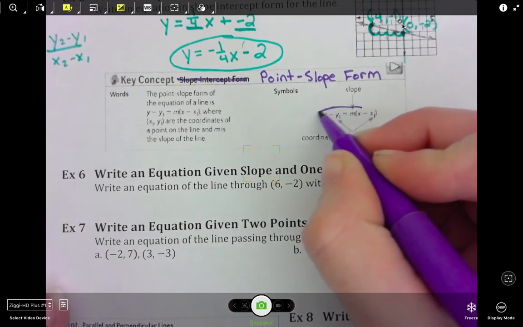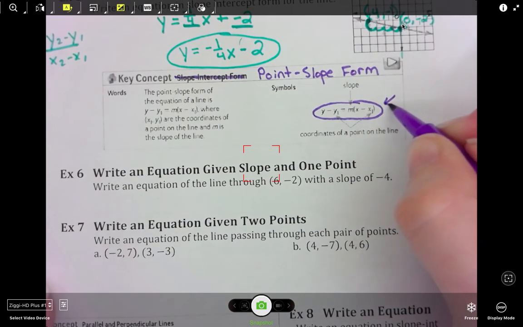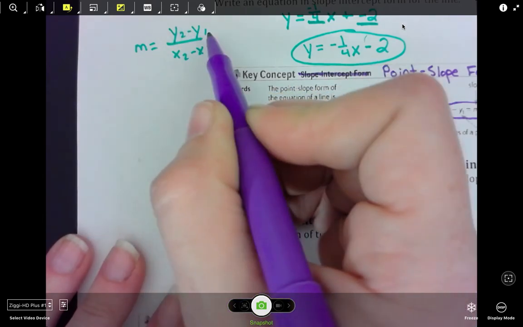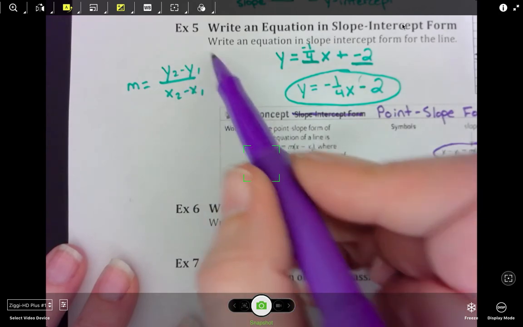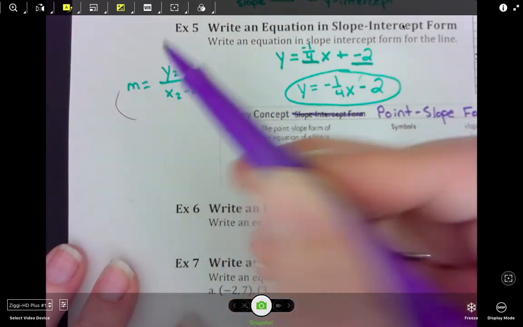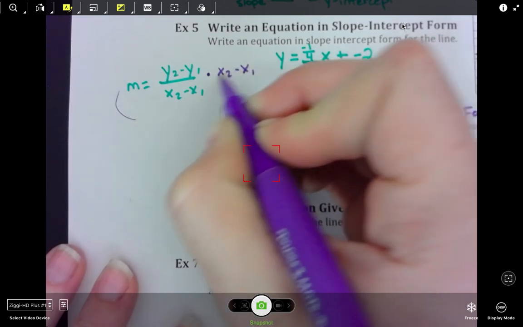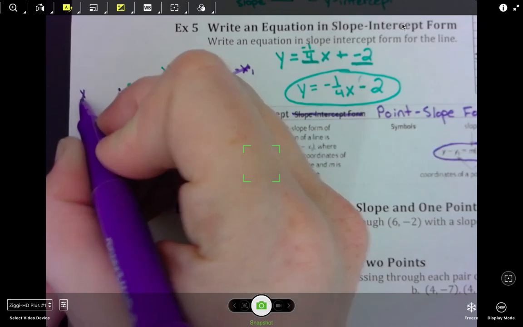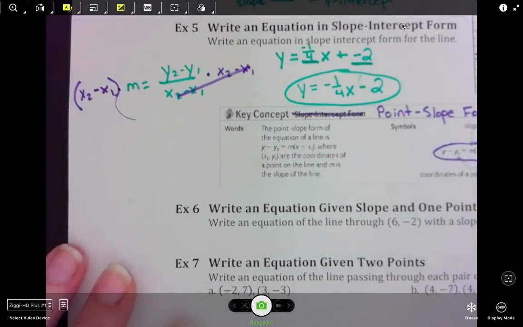This is the equation that you use for point slope form. And the place that they get this equation is directly from here: m equals y2 minus y1 over x2 minus x1. What they've done to create point slope form out of this is they've multiplied by x2 minus x1 over here to cross it out, and multiplied by x2 minus x1 on this side.